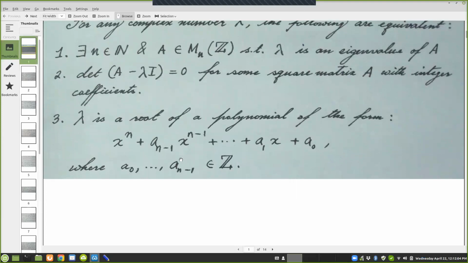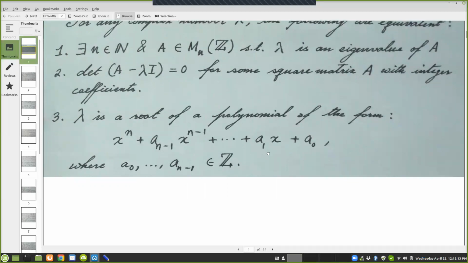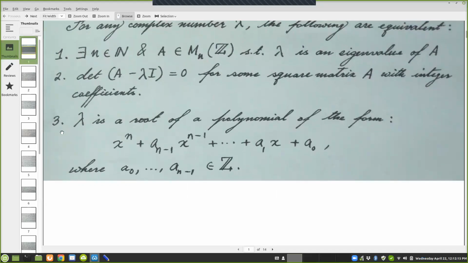So if we take the companion matrix of this polynomial, then the characteristic polynomial of that matrix will be this one itself. Hence, lambda being a root of the polynomial, lambda becomes an eigenvalue of the companion matrix.